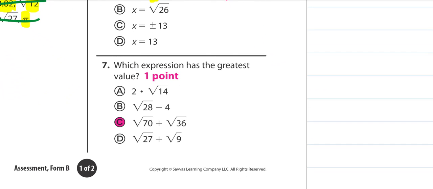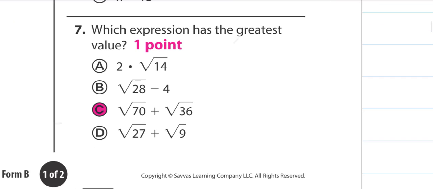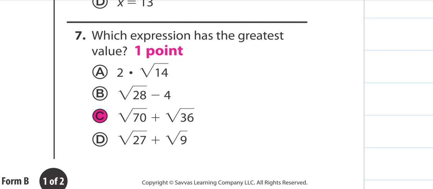For number 7, we're being asked which of these expressions is going to have the greatest value. In order to do this, you're going to have to approximate these irrational numbers. You can do them more roughly, not as precisely as we've been doing them in class, just to see which has the greatest value. For instance, for letter A, we're doing a multiplication of 2 times the square root of 14.